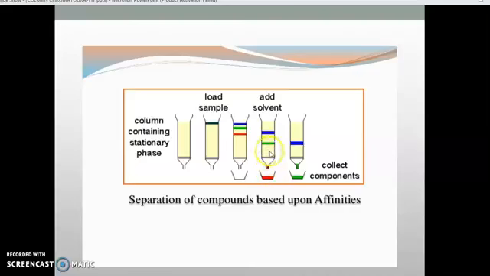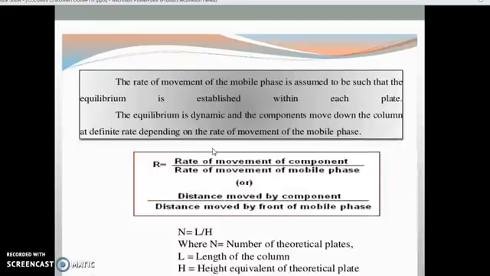Then the second one, you can look here at how the sample collection happens, and the third one is easily separated because there is no overlap with any other. So these separations happen as red, then green, and the last one is blue. These are mixtures with different compositions separated on the basis of column chromatography.